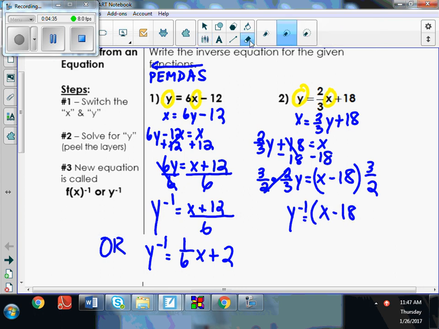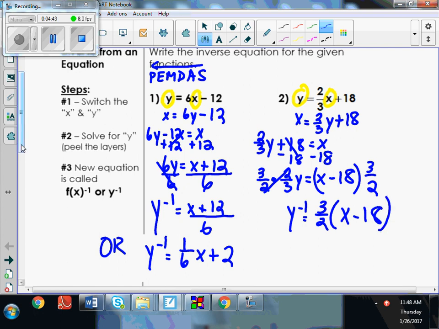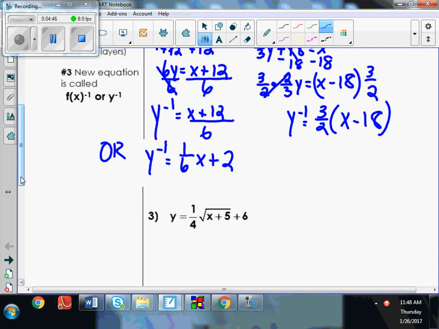And most of you will probably move it to the front. Either way, it really doesn't matter. You'll probably write it like this: the inverse of y equals 3/2 times x minus 18.